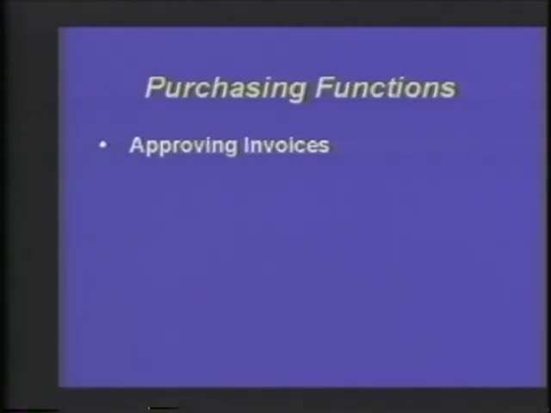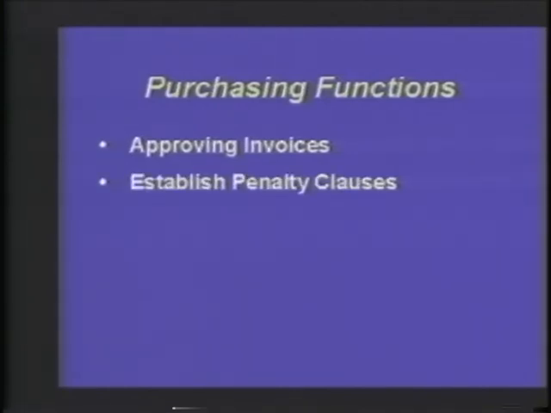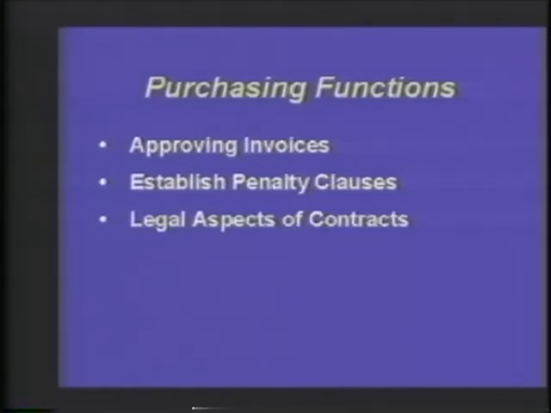The next is another key requirement of purchasing, and that is approving vendor invoices. Now, the next two items we incorporate into this list of many of the activities of the purchasing department, but it is not purchasing's responsibility to develop penalty clauses, or the next item indicates legal aspects of contracts.